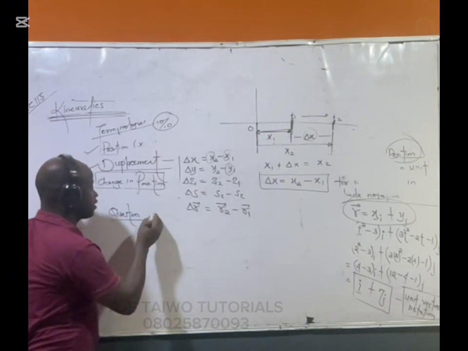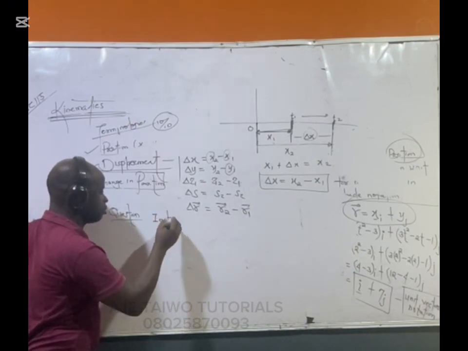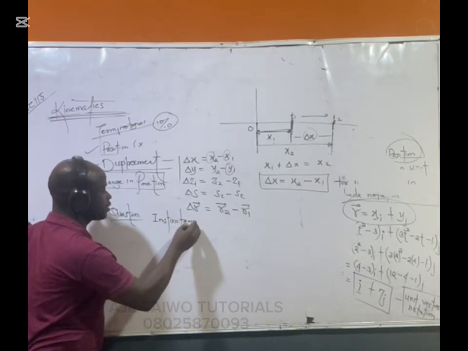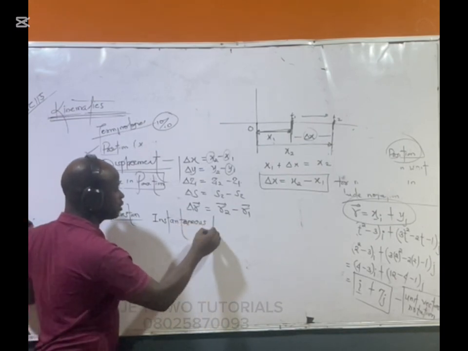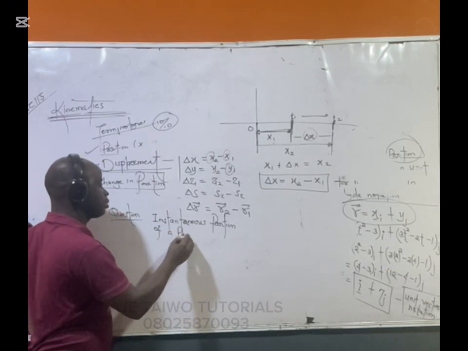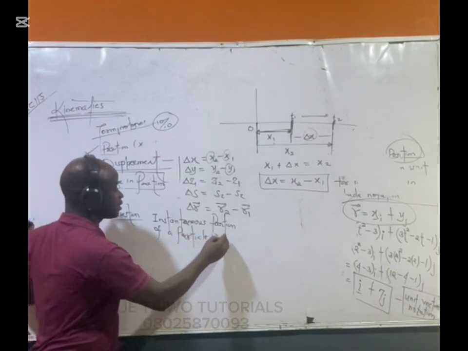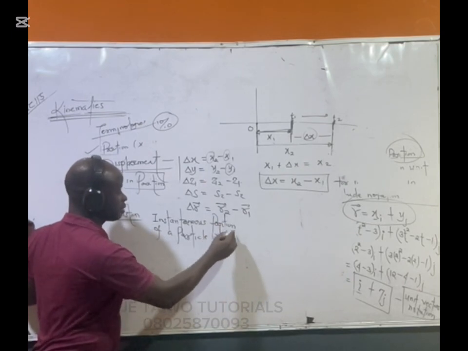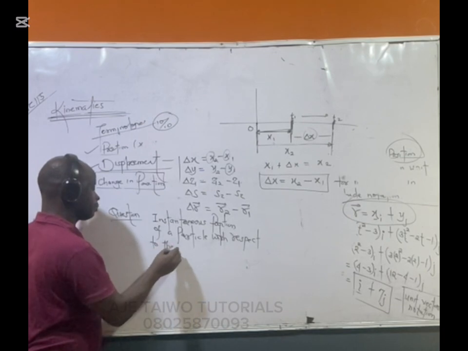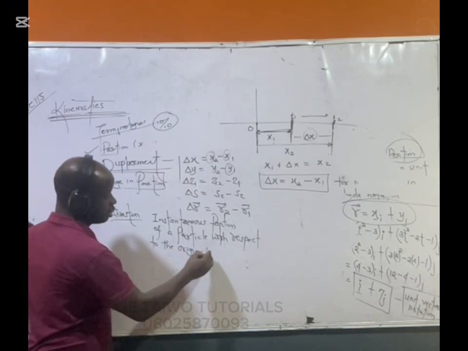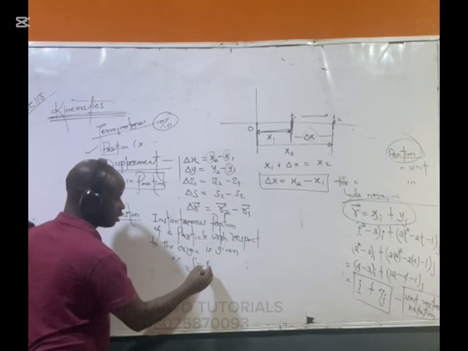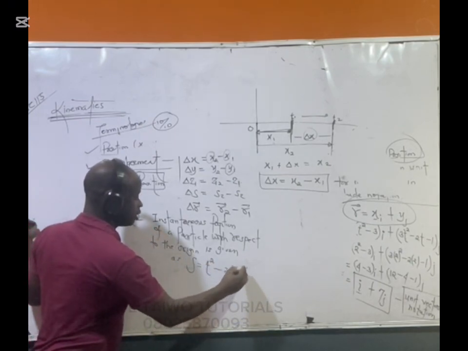The instantaneous position of a particle with respect to the origin is given as s equals t squared minus 2t plus 3.